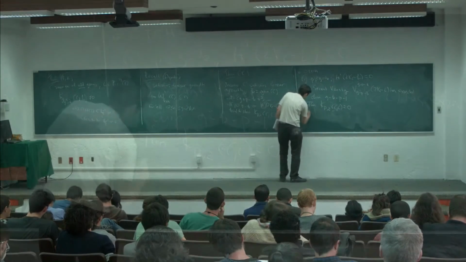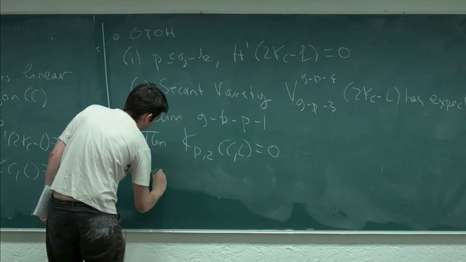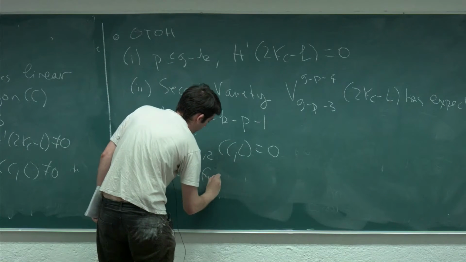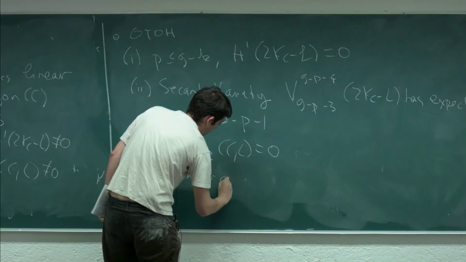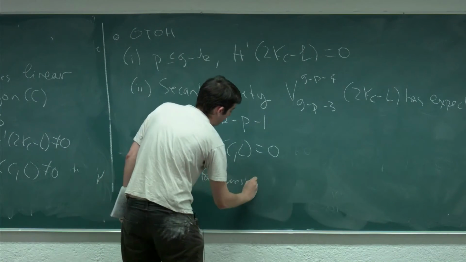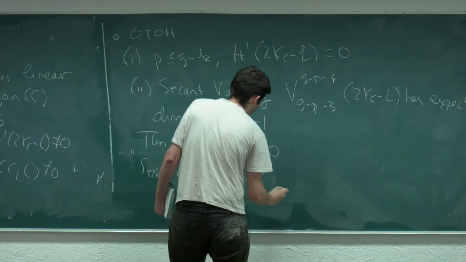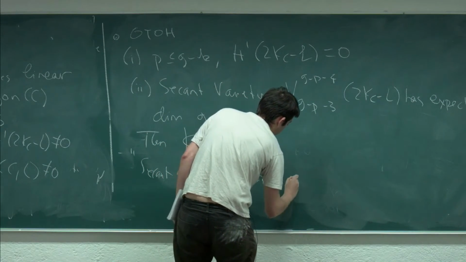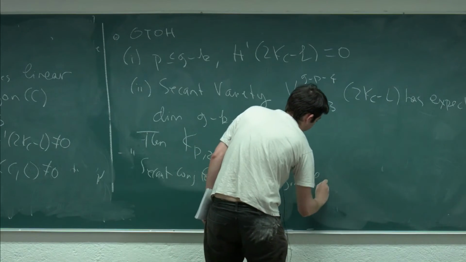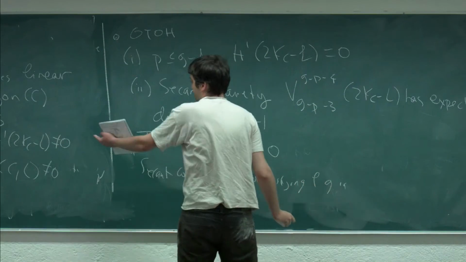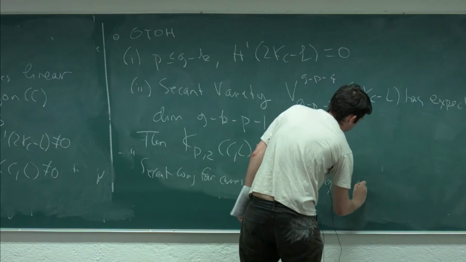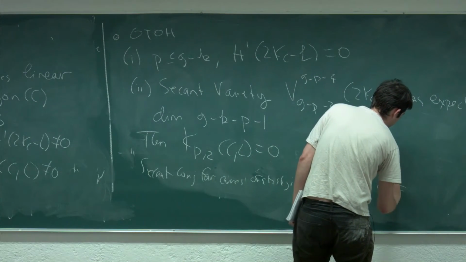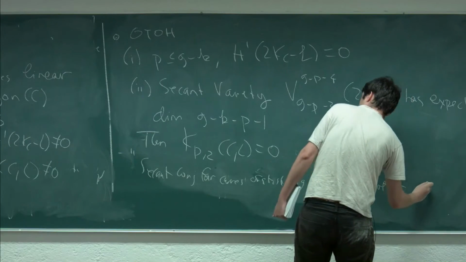So this is kind of the secant conjecture for curves satisfying linear growth in the case of this extremal degree. So in the case of equality for the degree, not inequality.